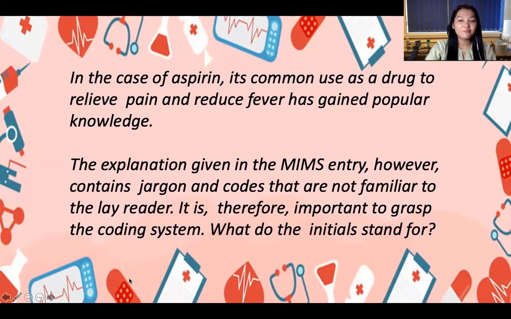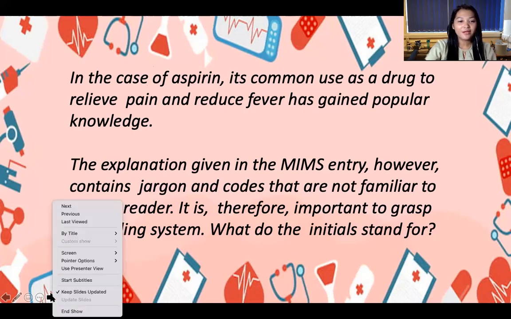It is therefore important to grasp the coding system. What do the initials stand for? So what does it mean? Class, sometimes there are some symbolisms, okay? There are some symbols out there or abbreviated words. So it's very important that you know how to code them, how to understand them so that you would be able to get what it means. All right.